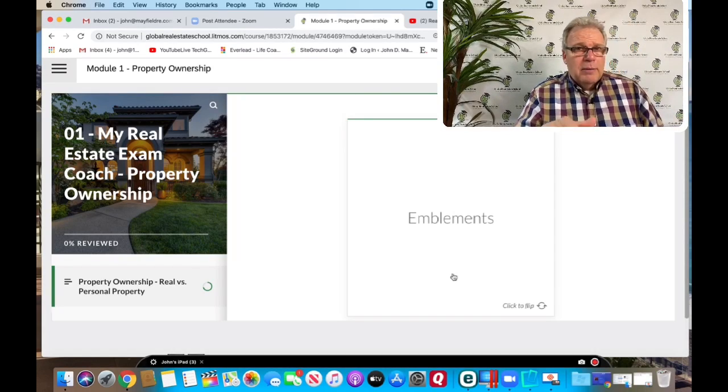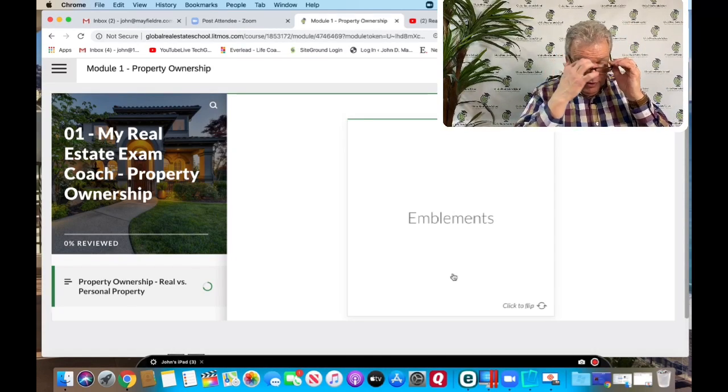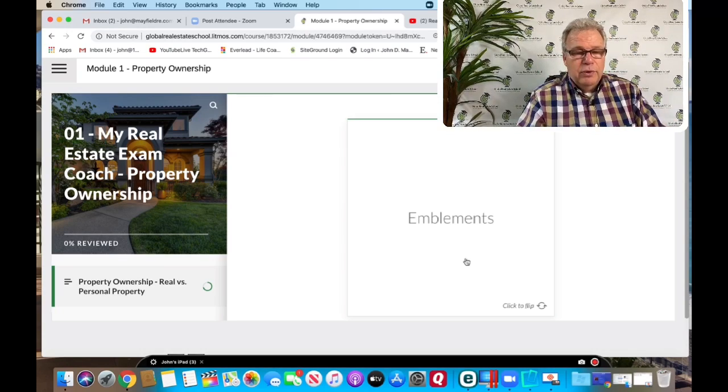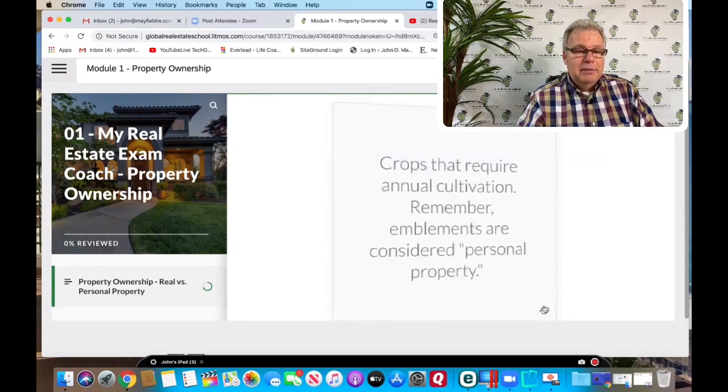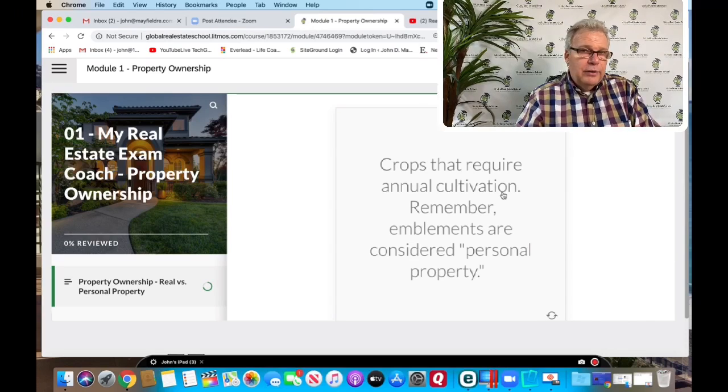One of the things we talk about in the course is this word called emblements. Notice, emblements are crops that require annual cultivation. Emblements are considered personal property.